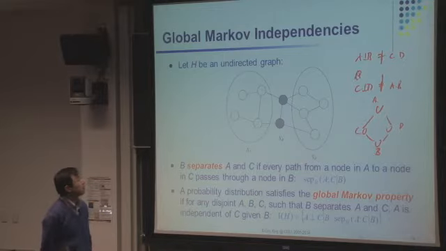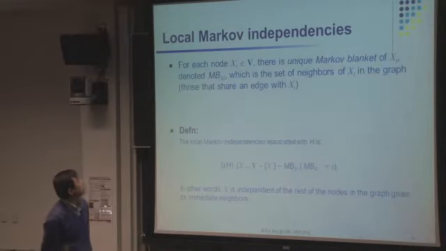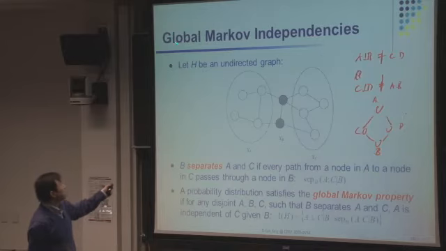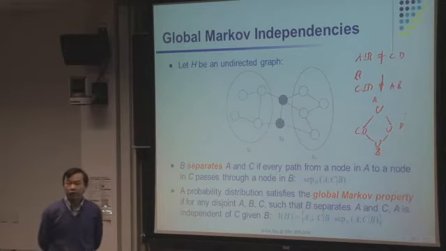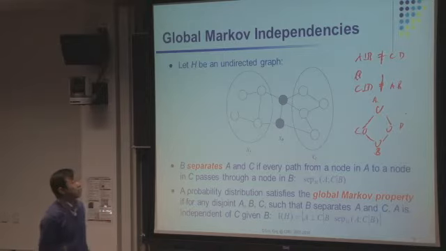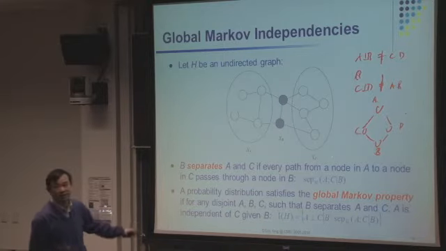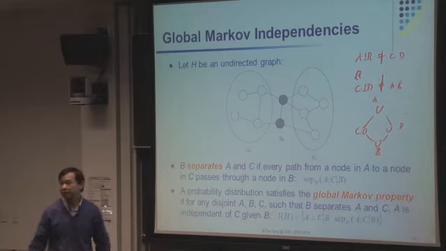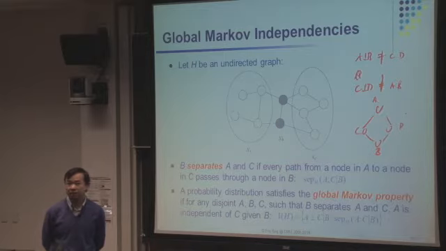Okay? And this particular statement is good for you to discover all the global Markov independencies, because you can basically apply these three sets to any arbitrary subset on the graph, whether they are adjacent or not. Okay, so that gives you the global property.